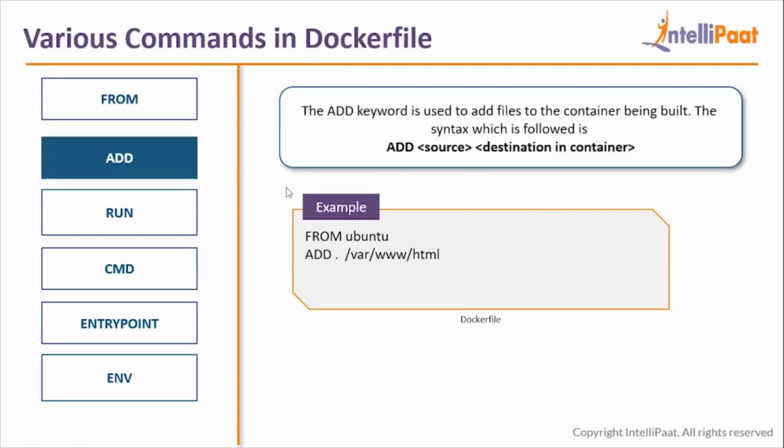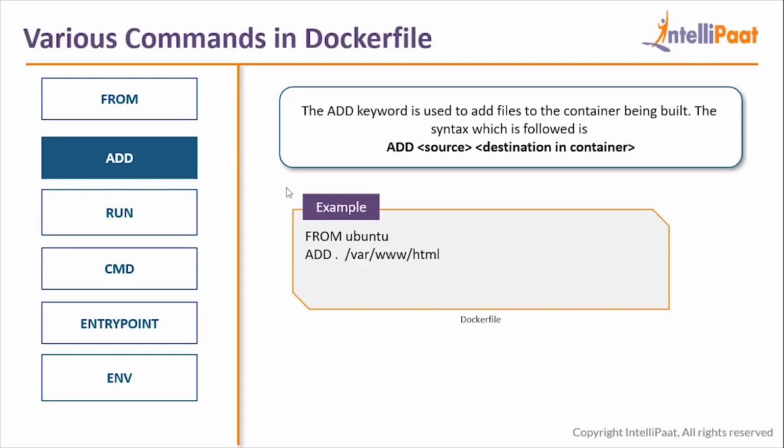Second command would be to add all the files. So ADD is basically used to add files inside a container. Now, for example, say I create an HTML file and I want that HTML file to be added inside the Ubuntu container.